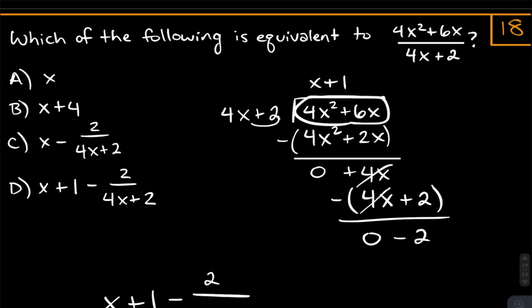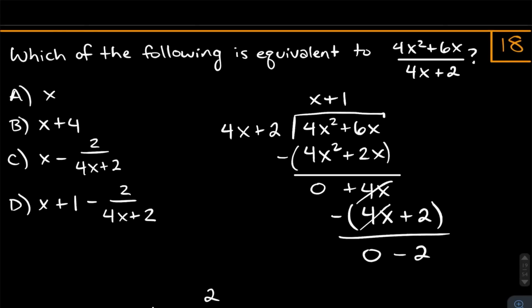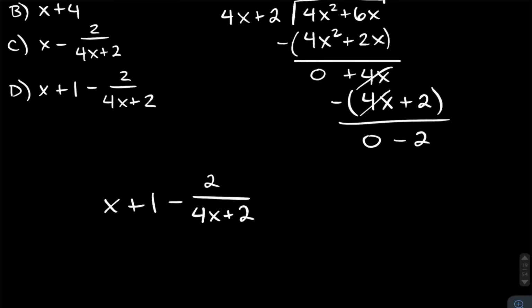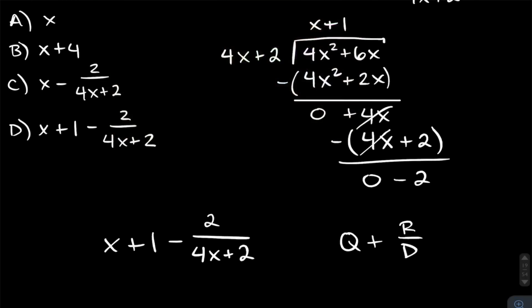Are you dividing by this or this, right? Well, it's 4x squared plus 6x divided by 4x plus 2. It'll tell you just by saying out what the problem actually is. And when you write it out into q plus r over d form, right, quotient plus remainder over divisor, you get choice D. Awesome.